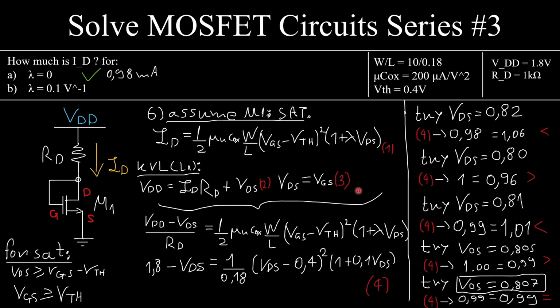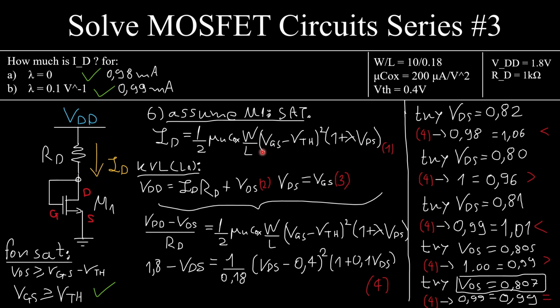So now I know I'm in saturation. I go ahead and replace VDS inside here, same as VGS. I solve for the current and I have a new value for my current, which is 0.99 milliamps, which is slightly larger than when I didn't have channel length modulation.